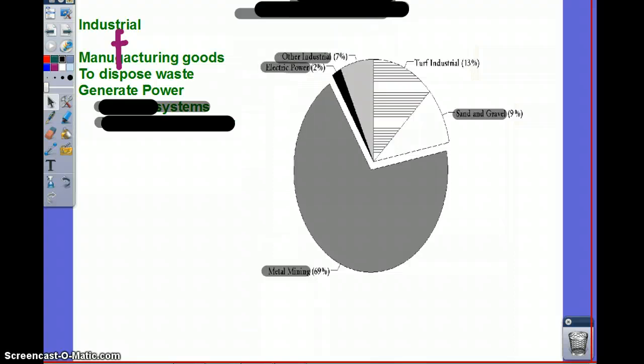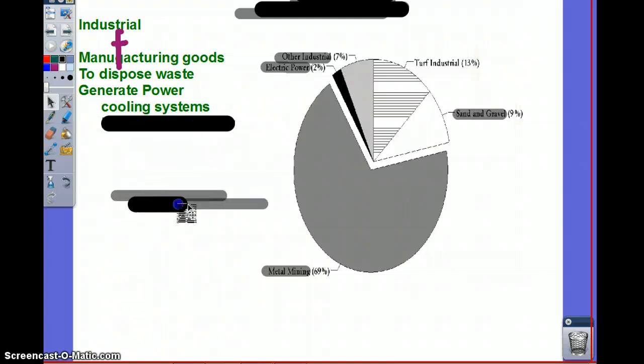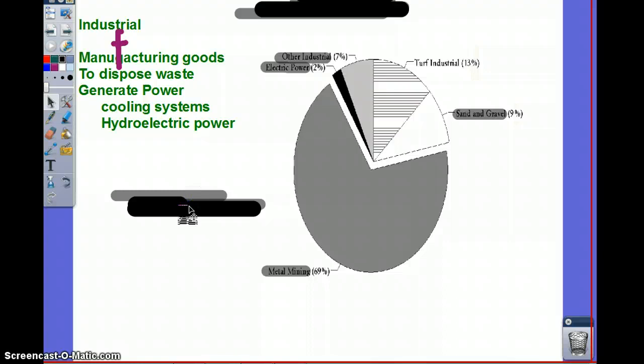Generate power. All electric power plants require water in order to function. Water is what powers the turbines. So you use it to cool, and you use it to produce steam, and then hydroelectric power obviously is run by water, because hydro means water.